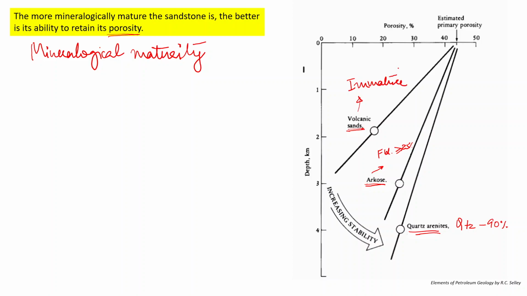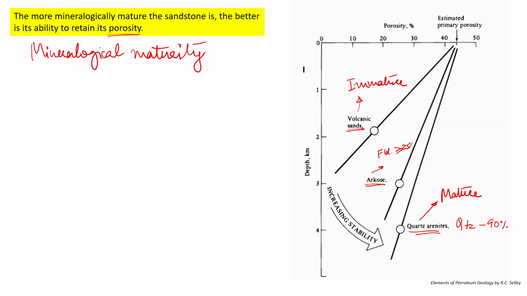Then we know that feldspar is a mineral which is less stable than quartz. So arkoses are more mature than volcanic sands, but less mature than quartz arenite. And quartz arenites are the most mature sandstones.